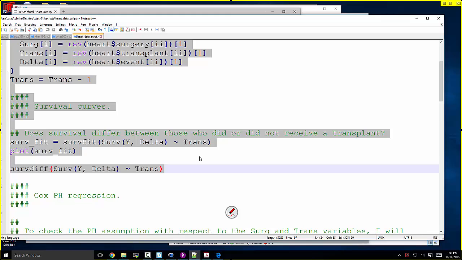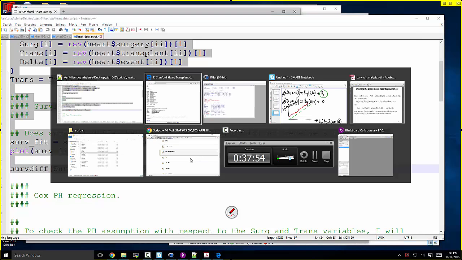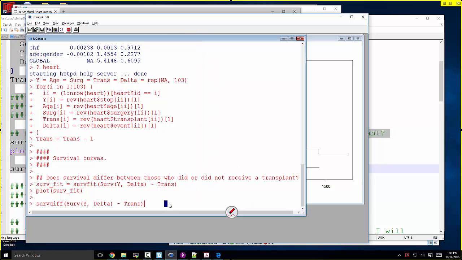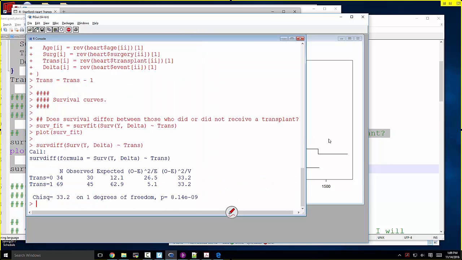Let's look at survival prognosis by transplant status. So among those who got a transplant, what was their survival outcome like? And among those who did not get a transplant, what was their survival profile like? So there's very obvious difference in survival prognosis.